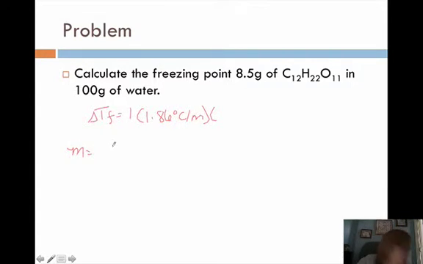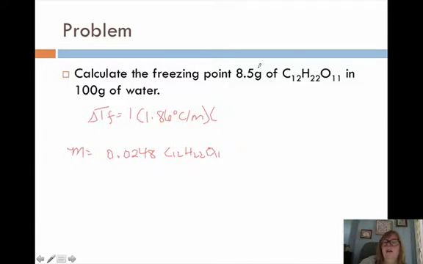From our video on boiling point elevation, we had 8.5 grams of C12H22O11, and that corresponded to 0.0248 moles of C12H22O11.